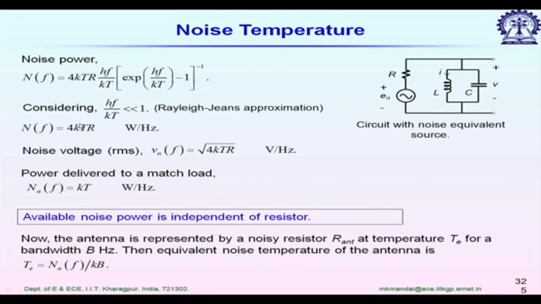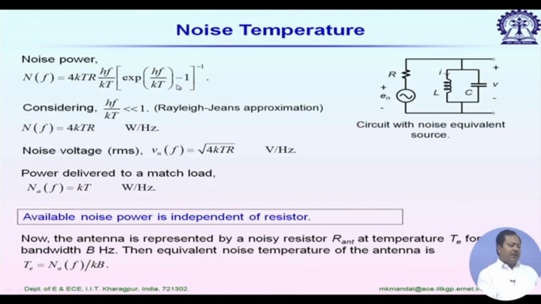So, last day we have seen that in general noise power from any resistor which is at a temperature T can be given by this expression: 4kTr times hf by kT divided by exponential hf by kT minus 1.